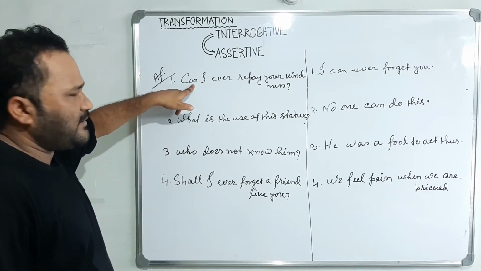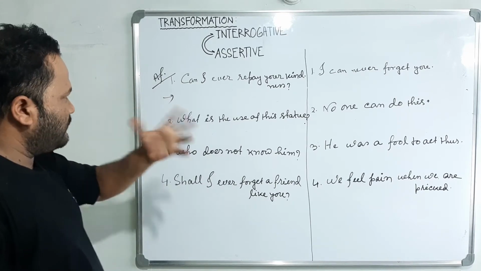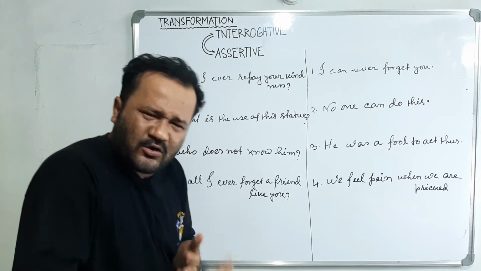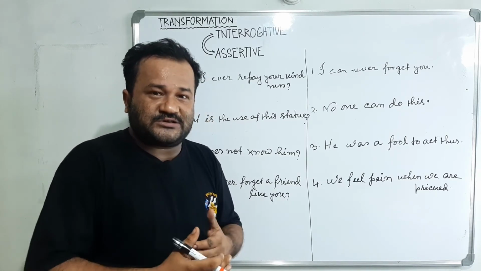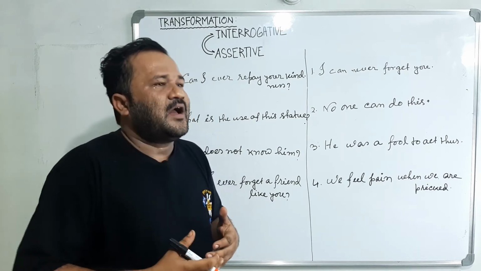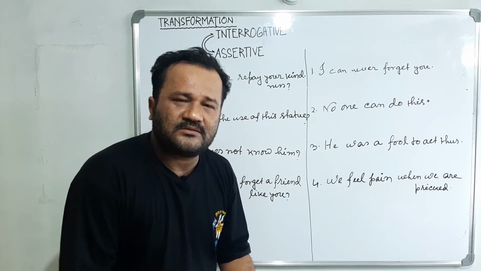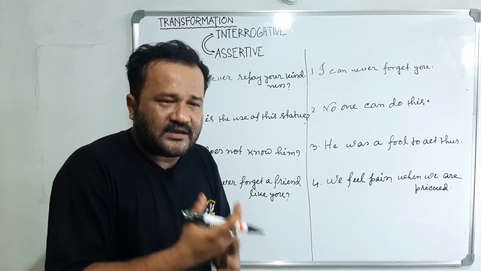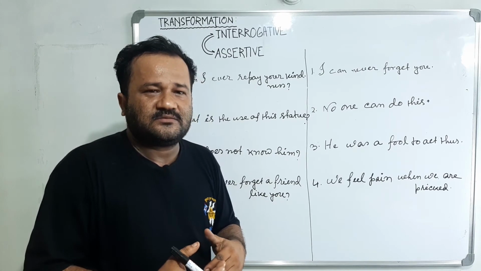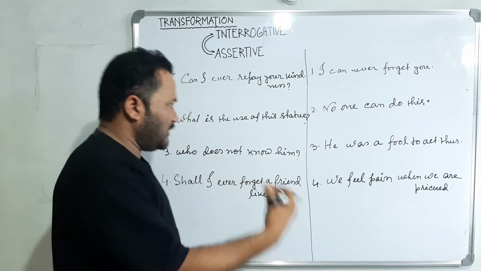Here the question is affirmative, so the assertive would be in negative. What does it mean? Can I ever repay your kindness? No, this is not an actual question. That means I can never repay your kindness. When I ask, can I ever repay your kindness? You confirm, yes, I can never repay your kindness.